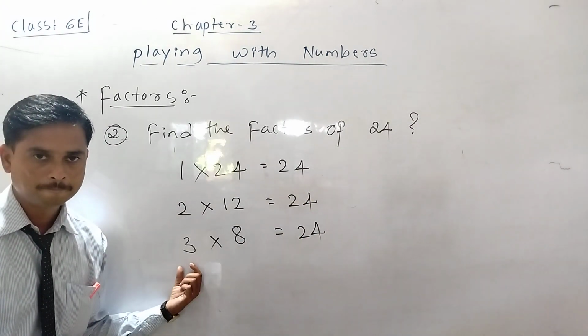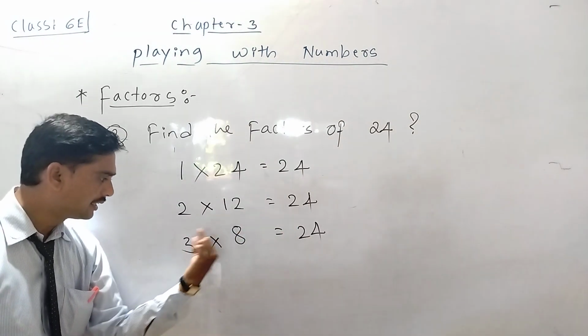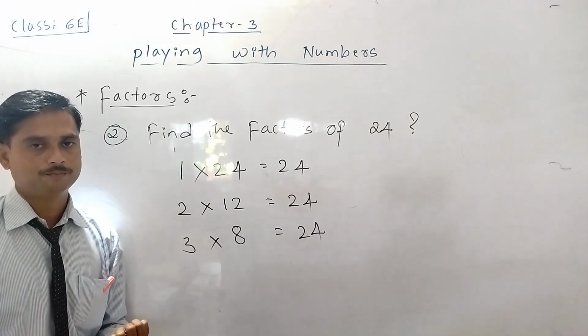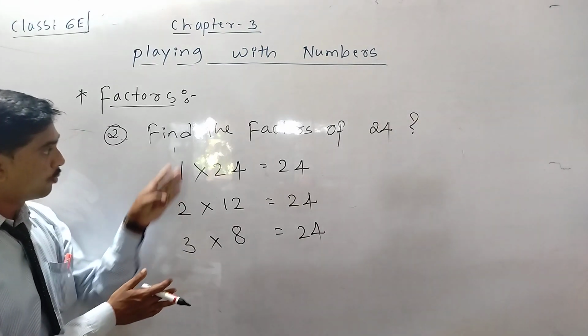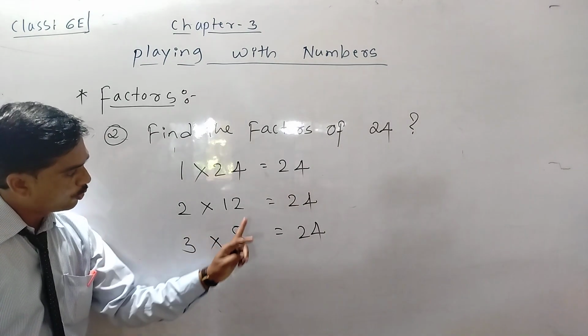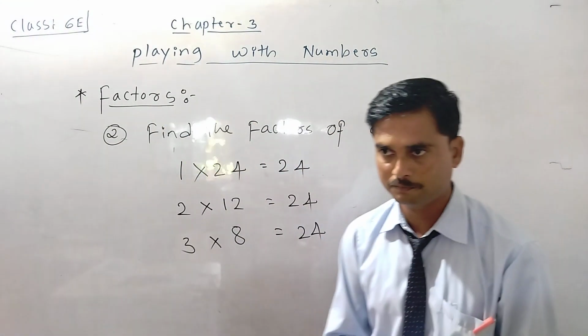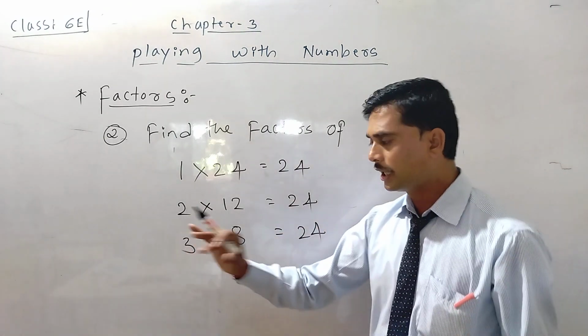Is it clear? Now how many factors did we get here? 1, 2, 3, 4, 5, 6 factors. Next, 3's table is completed.